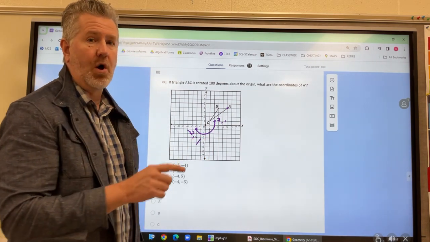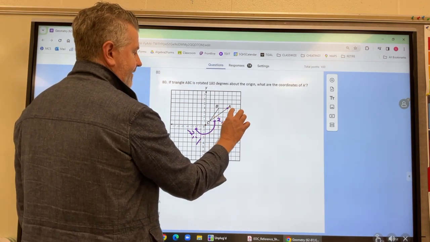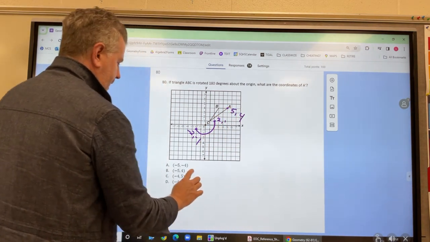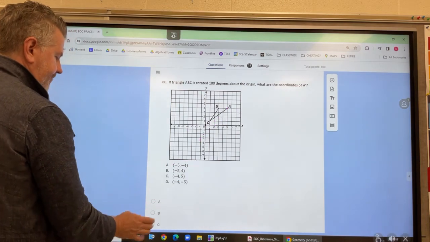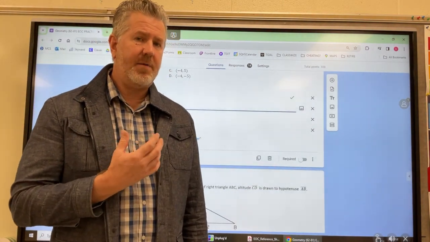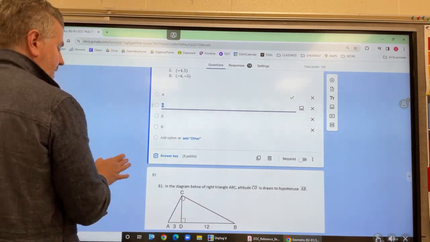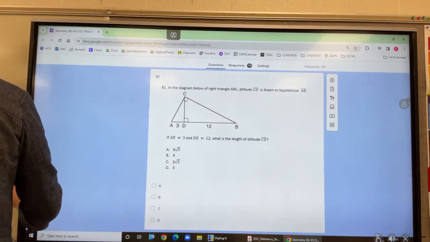So we're just making both coordinates negative. So if this is 5, 4, we're going to go with -5, -4. A. Remember, I don't remember the rules very often, but you can figure out the rules if you just understand what it's talking about. 180 degrees, everyone knows what that is, especially if you were a skateboarder.